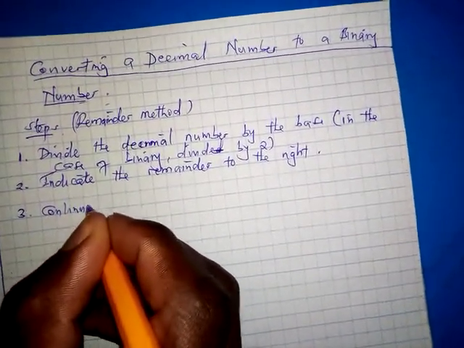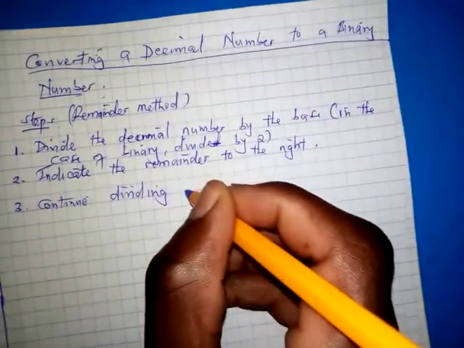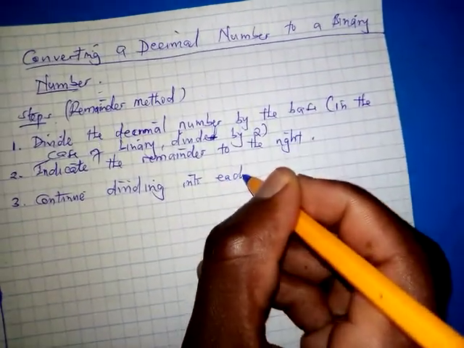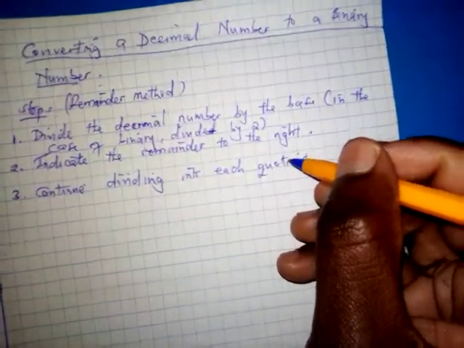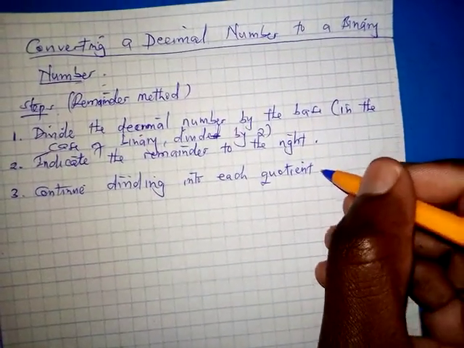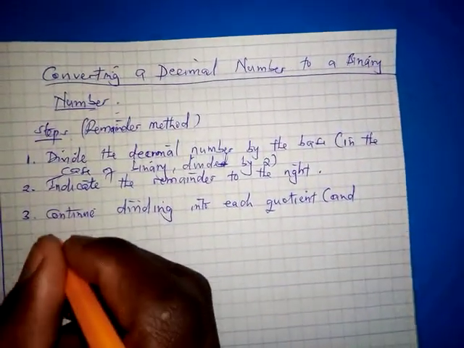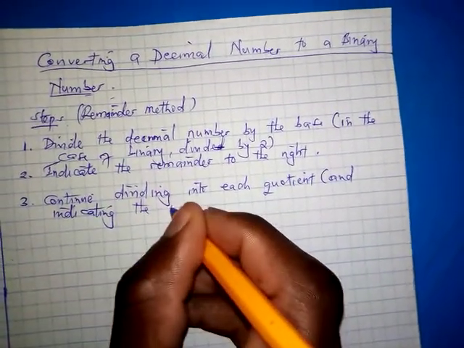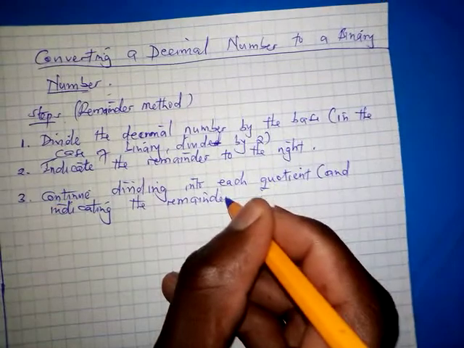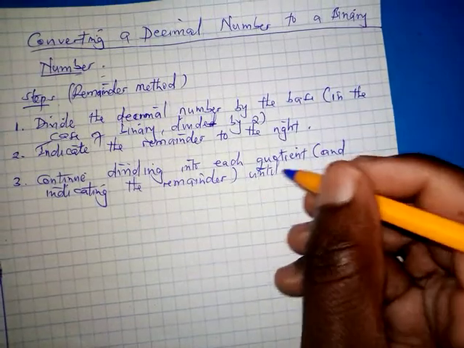Then the third step, continue dividing into each quotient and indicating the remainder until the divide operation produces a zero quotient.